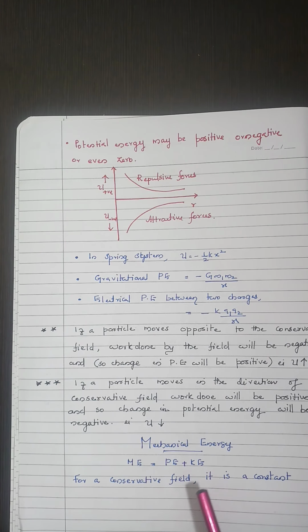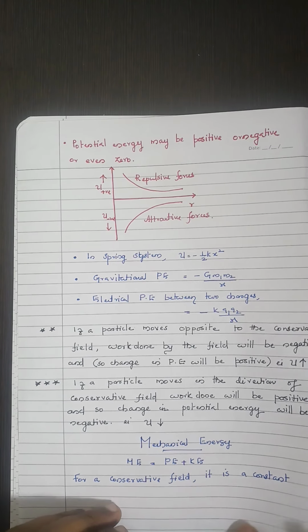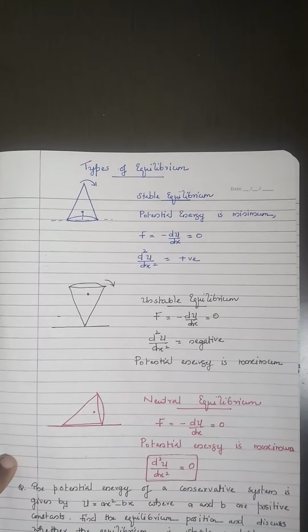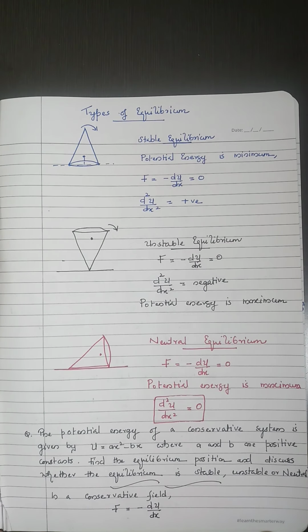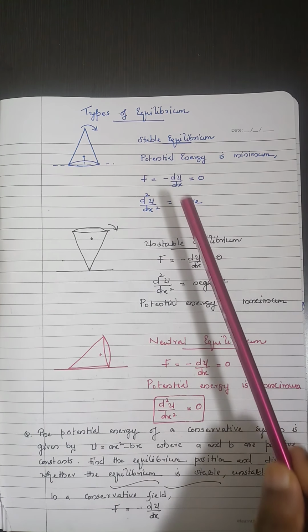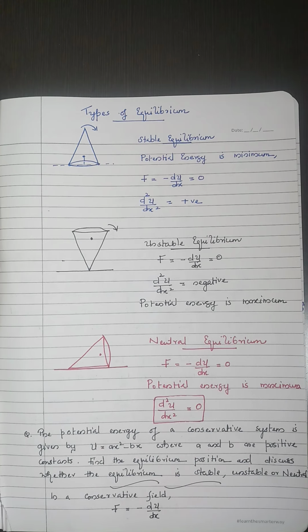So, the very important points to keep in mind. The mechanical energy, the sum of potential and kinetic energy, is constant for a conservative field. Another very important point is the types of equilibrium: stable, unstable and neutral.